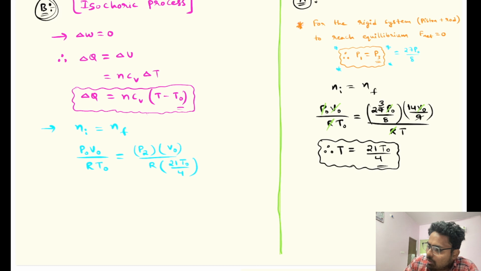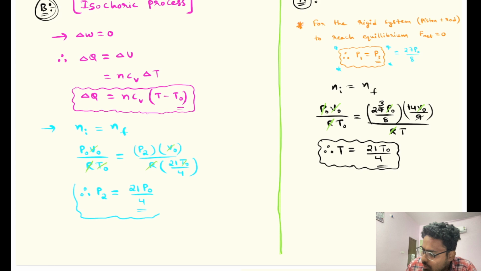From here you can see R will get cancelled, V naught will get cancelled, T naught will get cancelled. So what's the value of P2 we are getting? P2 is nothing but 21 P naught by 4.